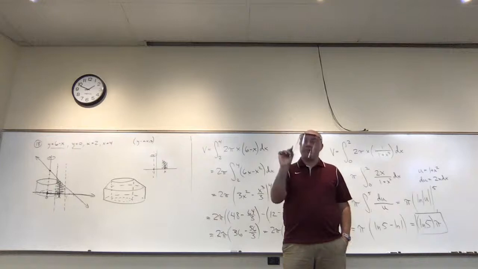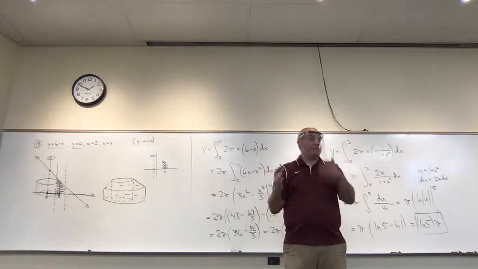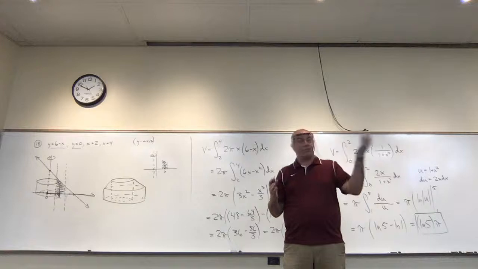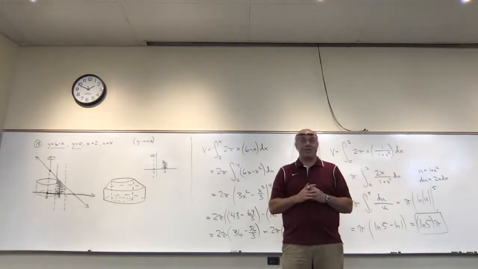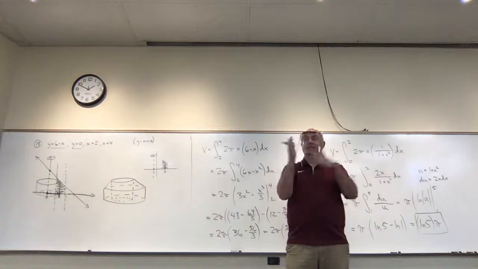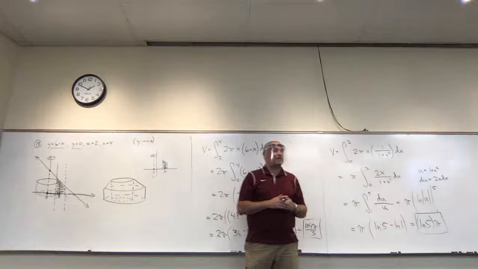You get to choose the slice which is the most advantageous to you, and then just spin that slice and see what shape comes out. If it's a disc, use the disc method. If it's a washer, use the washer method. If it's a shell, use the shell method. So you choose the slice and then see what happens, and it will tell you what to do from there. Does that make sense? Question?